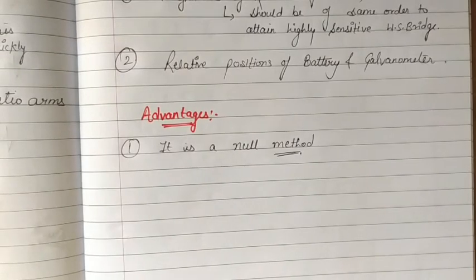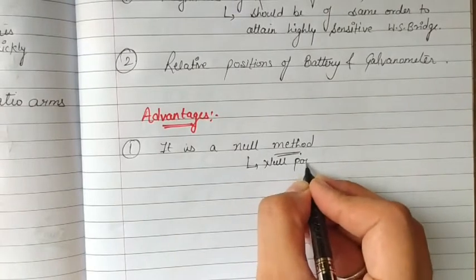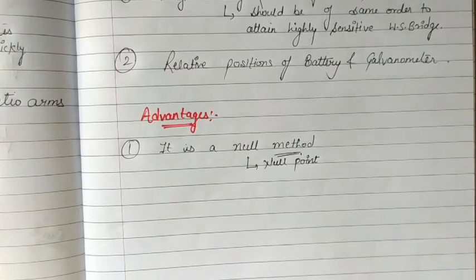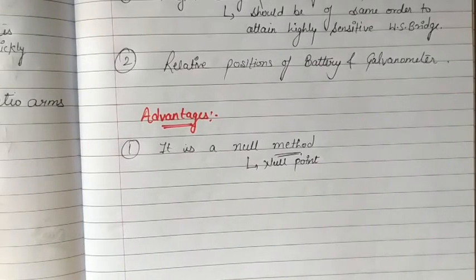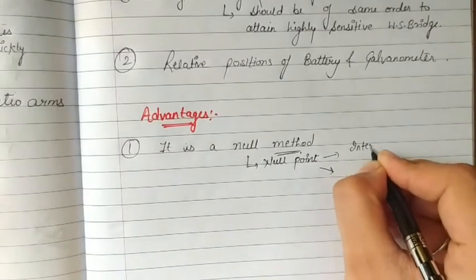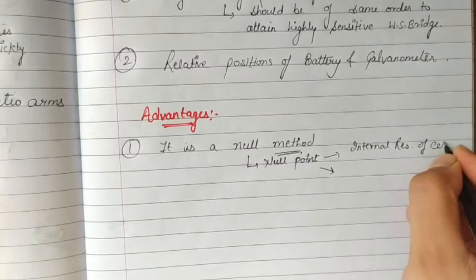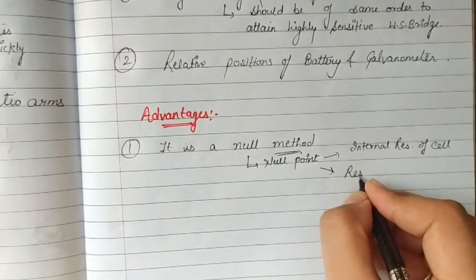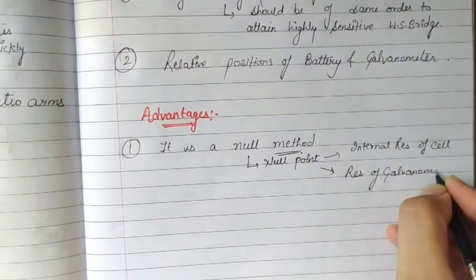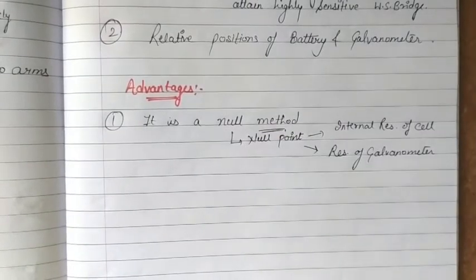And this null point does not depend either on the internal resistance of the cell or on the resistance of the galvanometer. So both these factors are not going to interfere in our observations during this method.